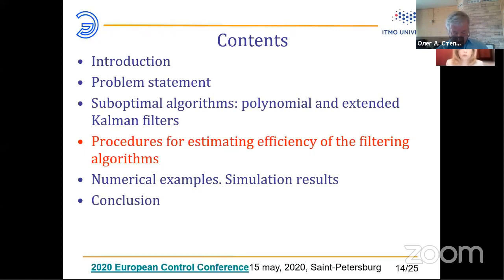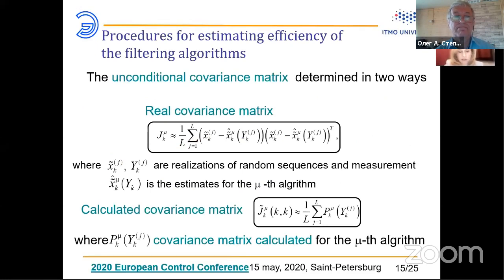Now I'm going to explain the procedures which we use to estimate the efficiency of the filtering algorithm. When analyzing the efficiency of the algorithms, we will calculate the elements of the unconditional covariance matrix determined in two ways, using the following formulas for the real covariance matrix and for the calculated covariance matrix, where x_j and y_j are samples of random sequences x and y.